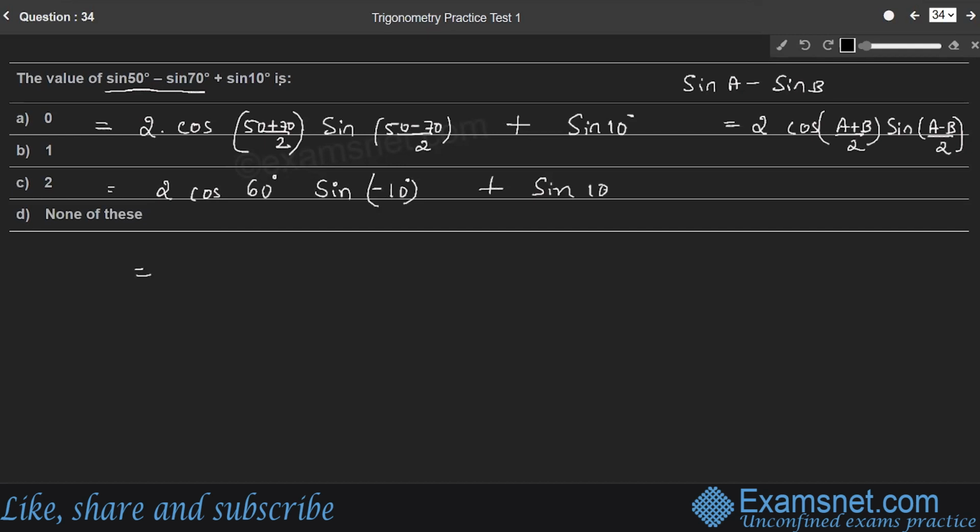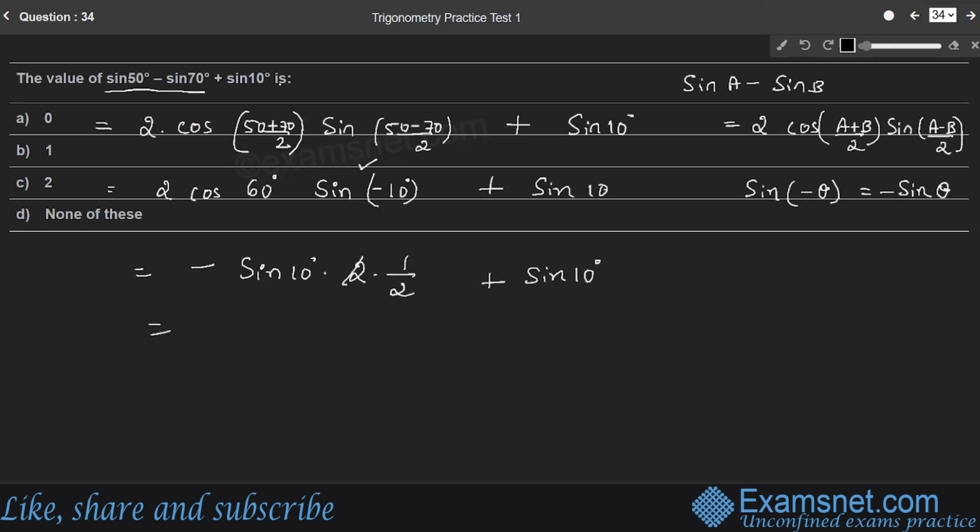Right? So here sin of minus 10 degree is minus sin 10 degree, because sin of minus theta is minus sin theta. Therefore, it becomes minus sin 10 degree into 2 times cos 60, which is 1 by 2. Right? Plus sin 10 degree.